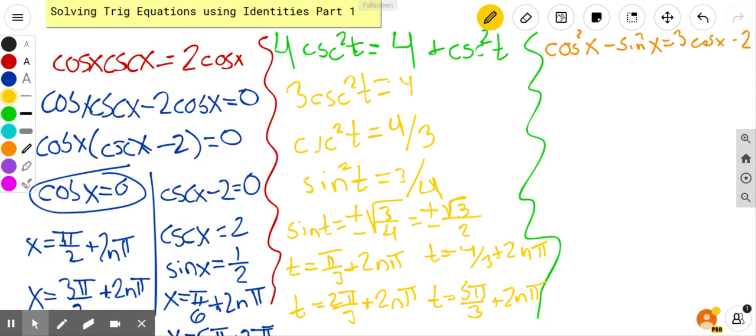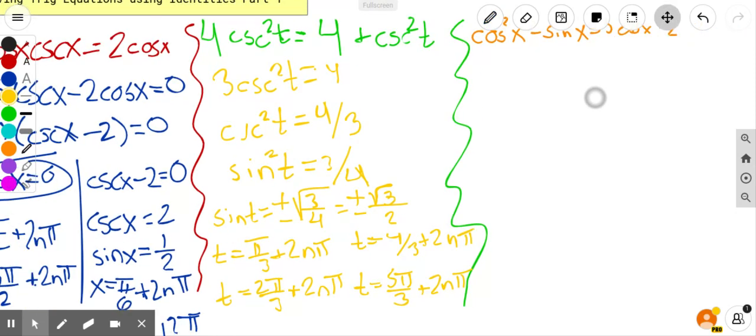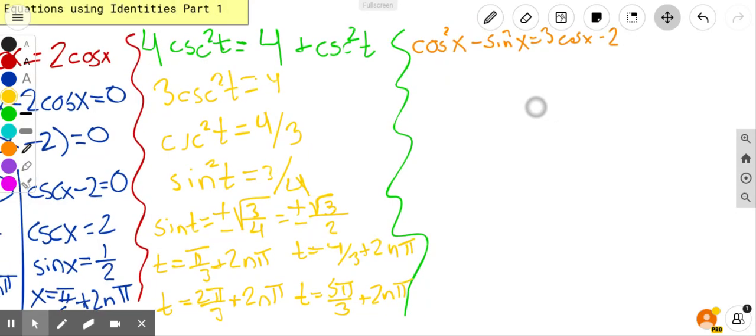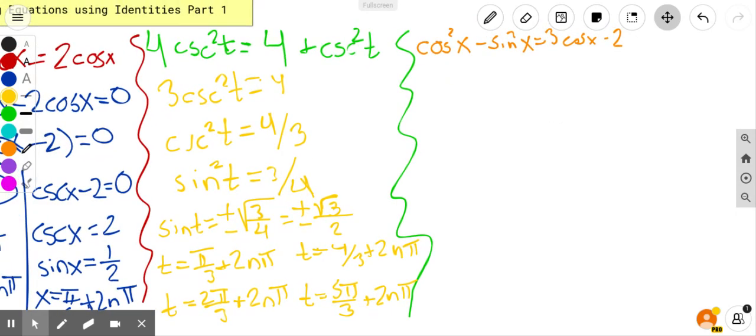All right. So last one. Let's get some room going. If you notice, I've used a lot of my reciprocal identities so far. Now we're going to go ahead and try something different.